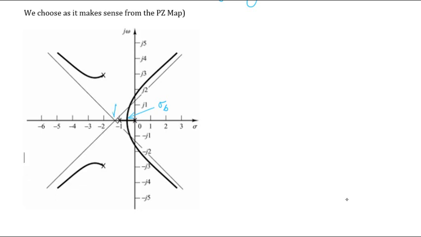And that right there is sigma A. So that's an interesting looking root locus.